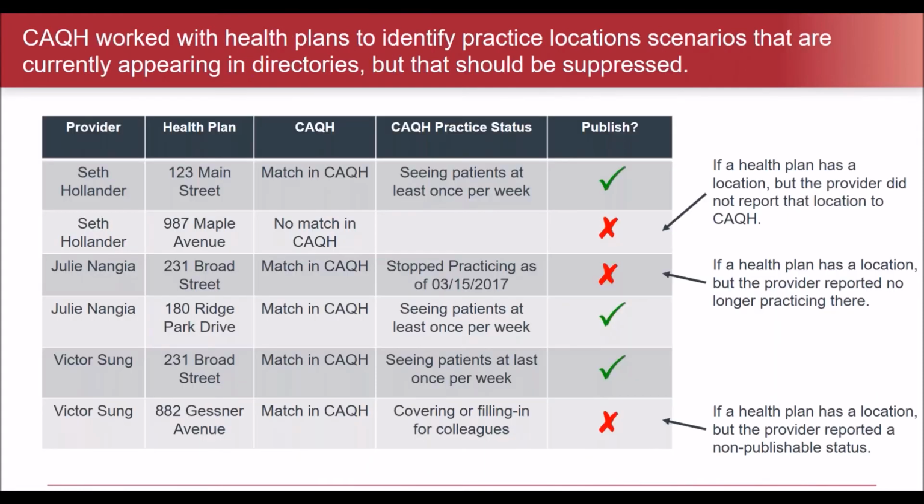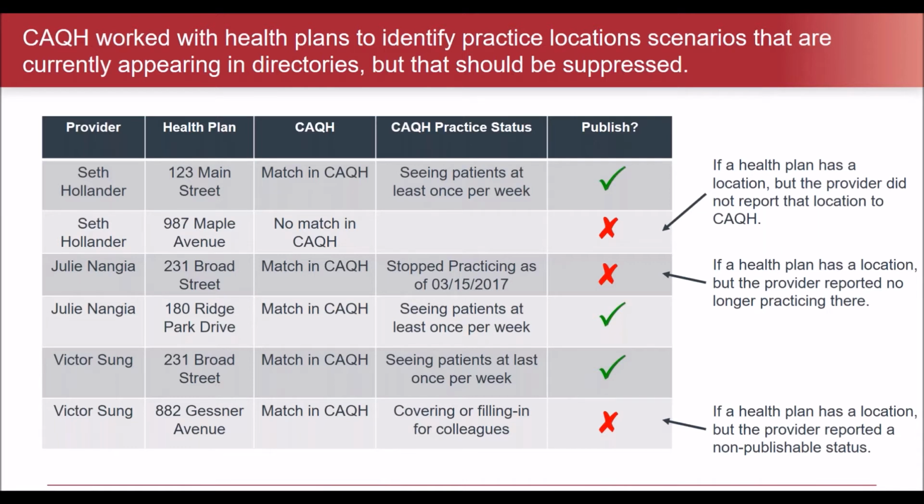Okay. So I want to walk you through a few scenarios. As CAQH has worked with a number of health plans, we identified some scenarios where there are really reliable positive signals for health plans to suppress locations that are already in the directory. So let me orient you here around this table.